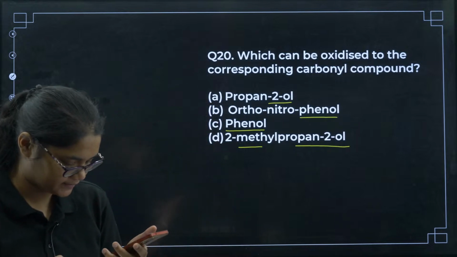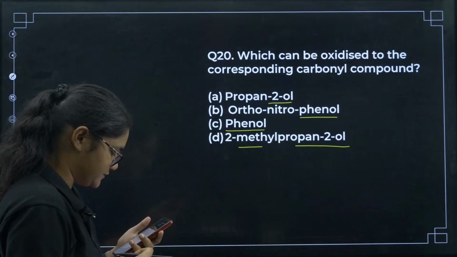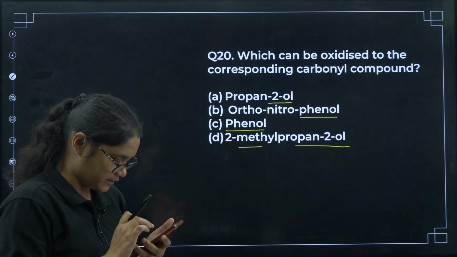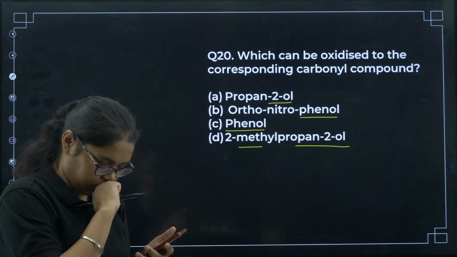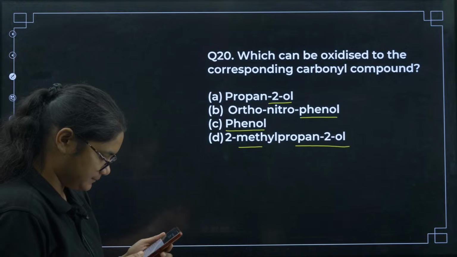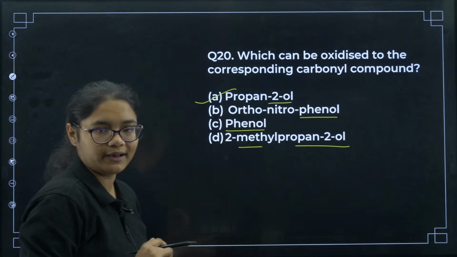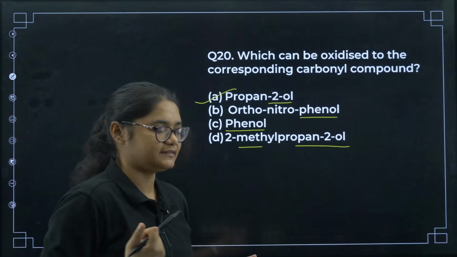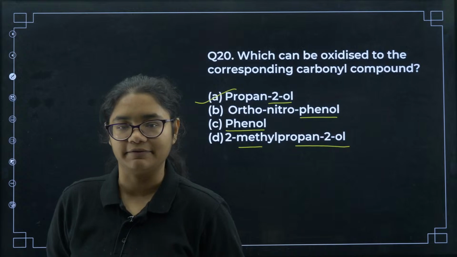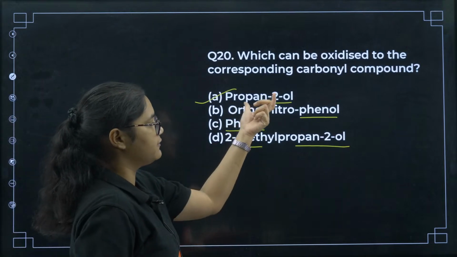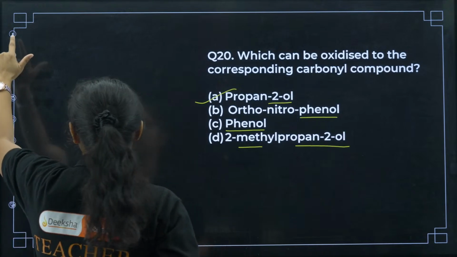Aldehydes will give the Tollens test to produce carboxylic acid, generally salts of carboxylic acid. 20A is correct, propan-2-ol. You can use any oxidizing agent like PCC, CrO3 or copper at 573 Kelvin. This one will give you propan-2-one. Propan-2-one will be the product here.